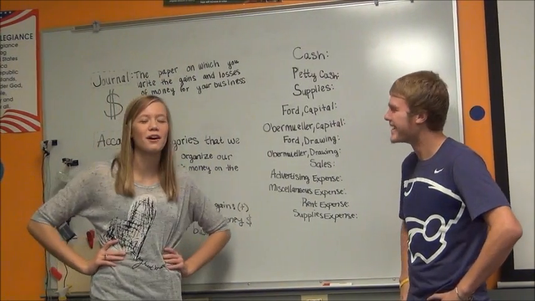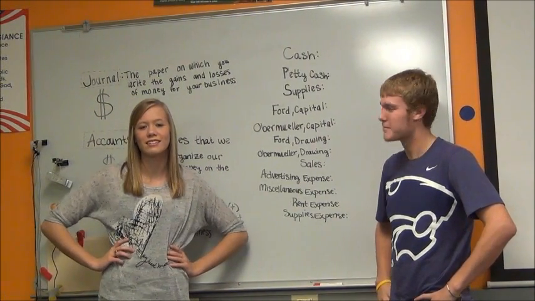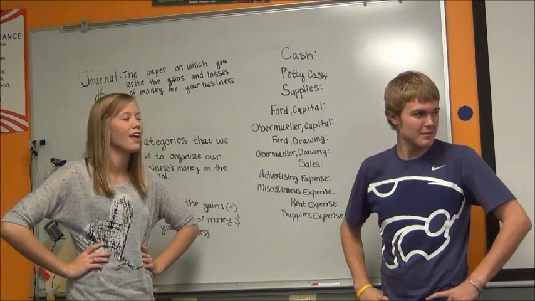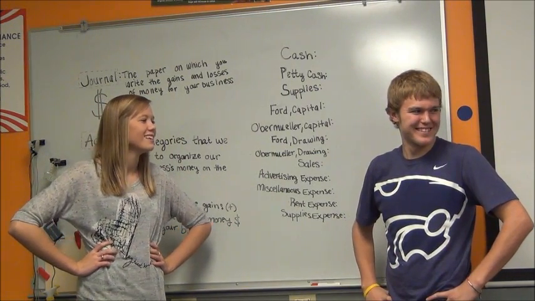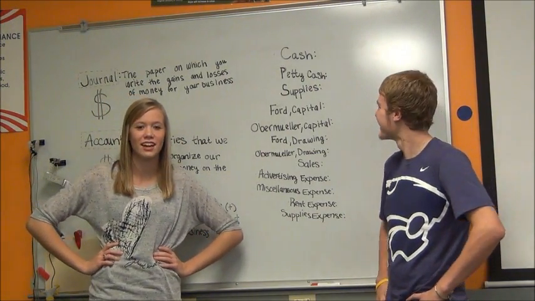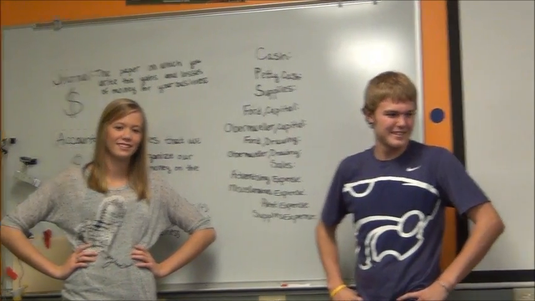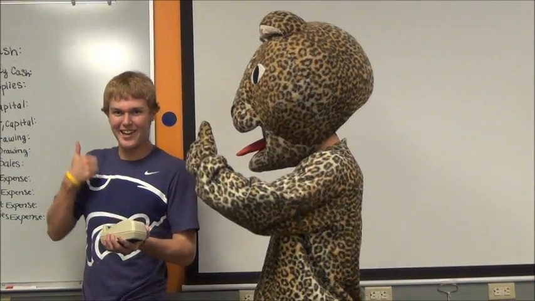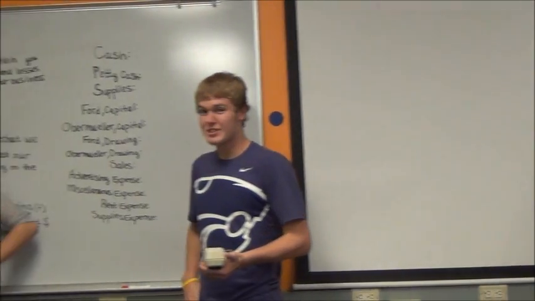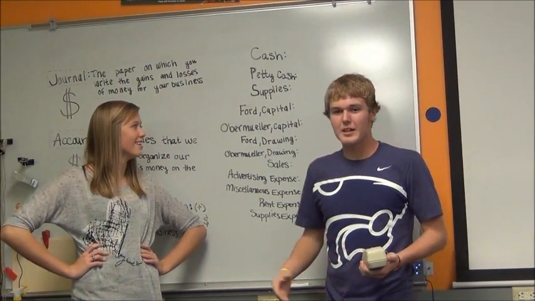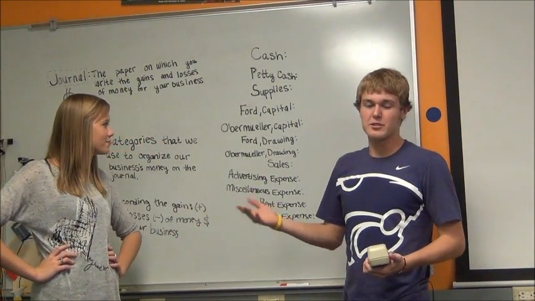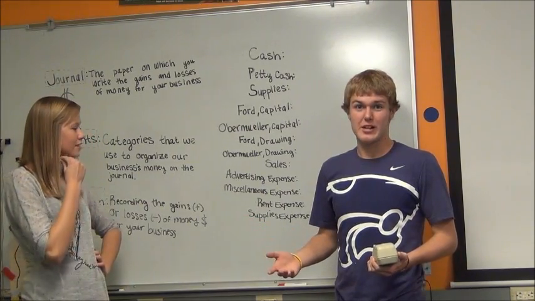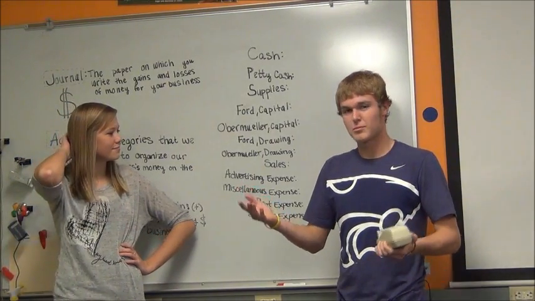Petty cash is a small fund of cash that we have on hand to give change to our customers and to buy small supplies such as tape. Supplies. Supplies are the tools that we need to complete the task on hand, such as tape, scissors, wrapping paper.